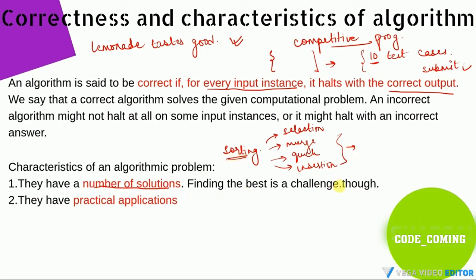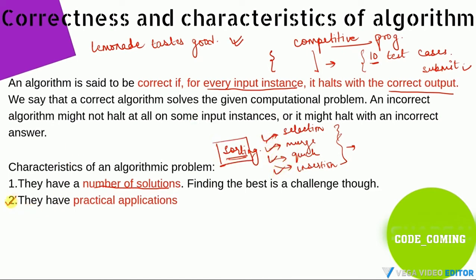Now finding the best algorithm out of these is a tough task, because then you have to analyze all of these, calculate the performance time, calculate the space complexity, time complexity, etc. And only then you are able to find which is the best algorithm. But the problem of sorting can be solved by a multiple of algorithms.